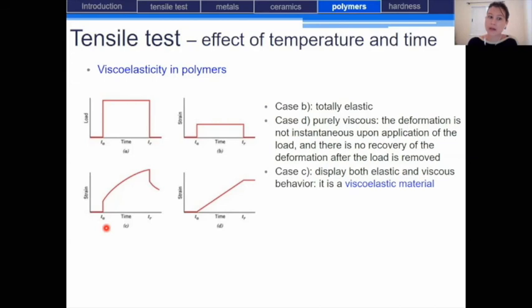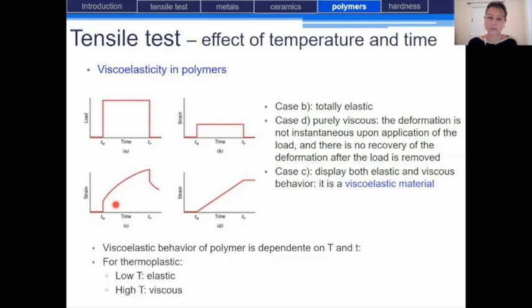So in polymers we will have the influence of the load, but also of the time during which the load is applied. And so the viscoelastic behavior of polymers is dependent on the temperature and also the time. For thermoplastic polymers, it will behave either more like a viscous material or more like an elastic material.